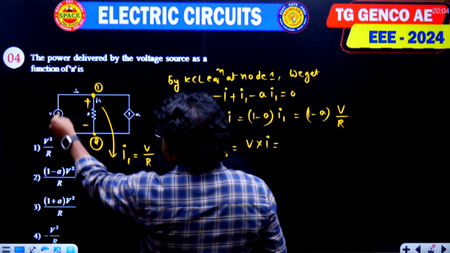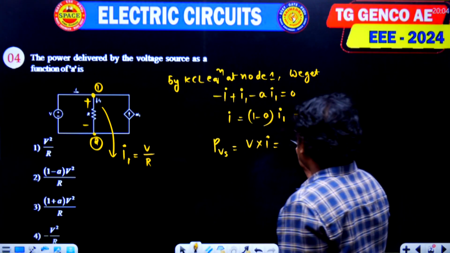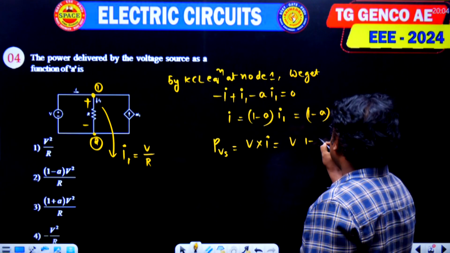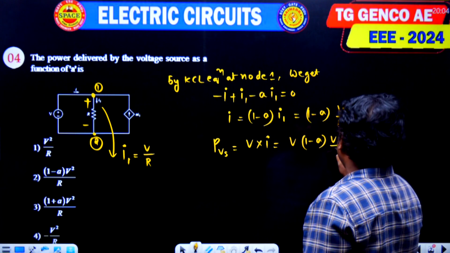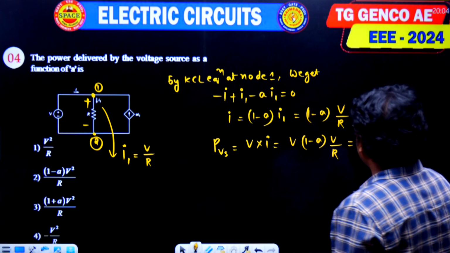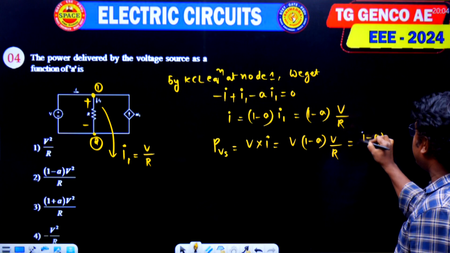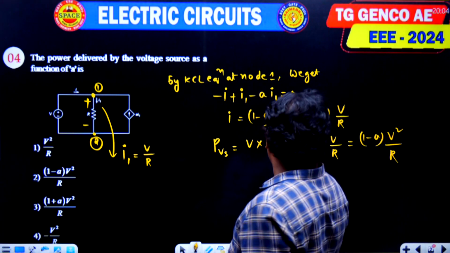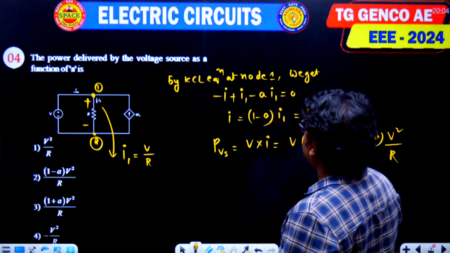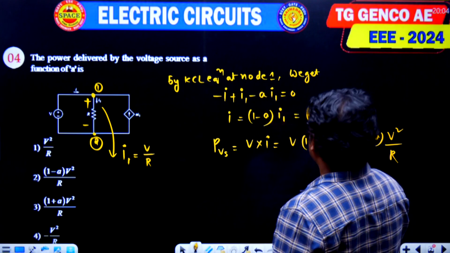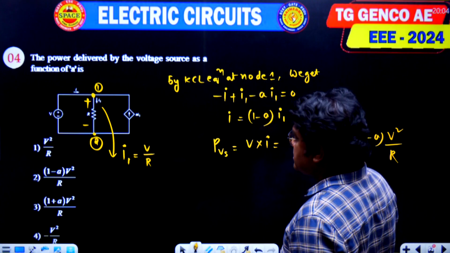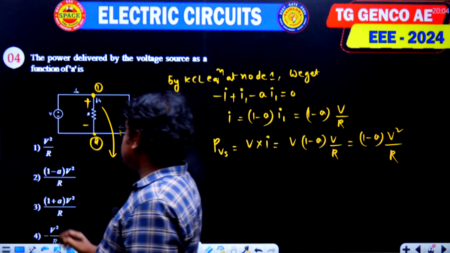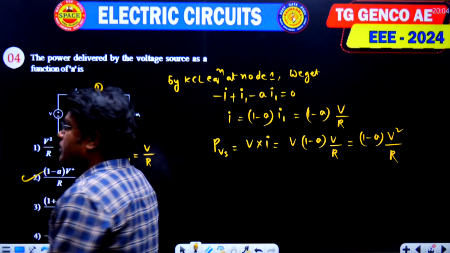In this branch the current is equal to I. Therefore V times (1 minus A) V by R, which is equal to (1 minus A) times V square by R. So option 2 is correct for this question.